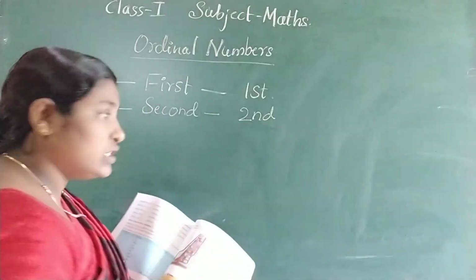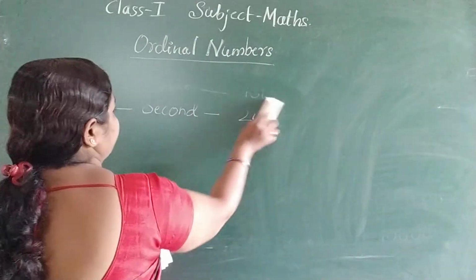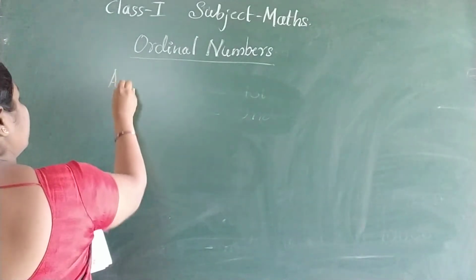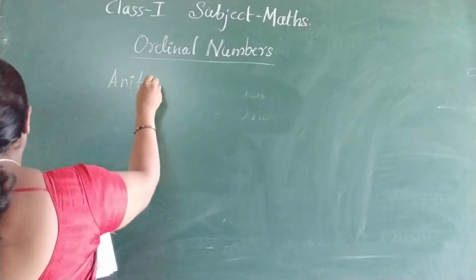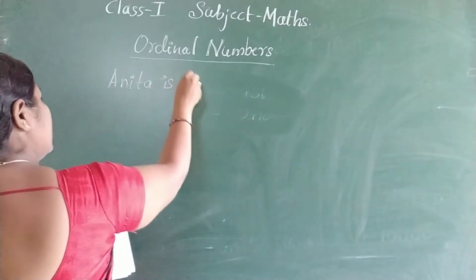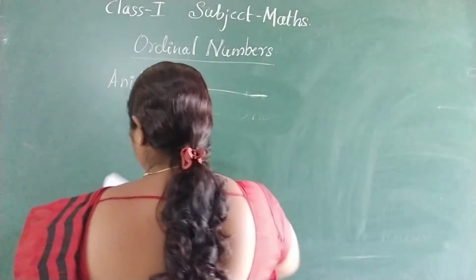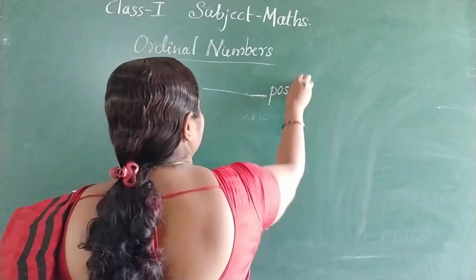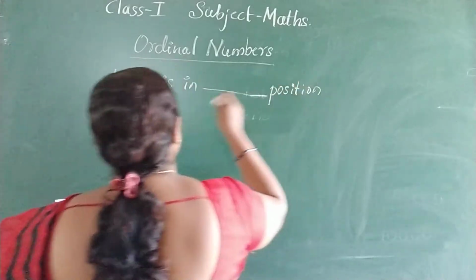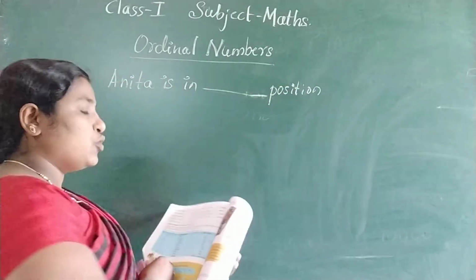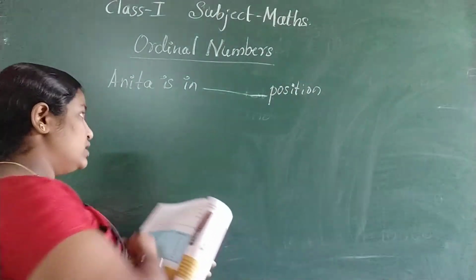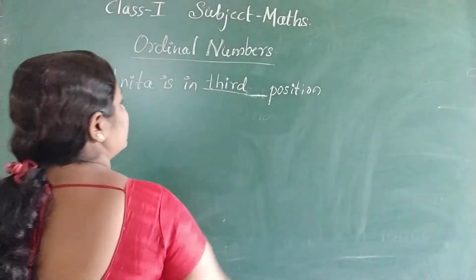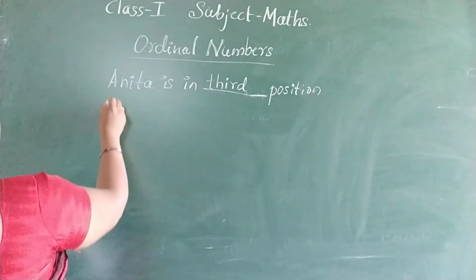So write the answers. Anita is in dash position. So Anita is in which position? Anita is in 3rd. T-H-I-R-D. 3rd position.